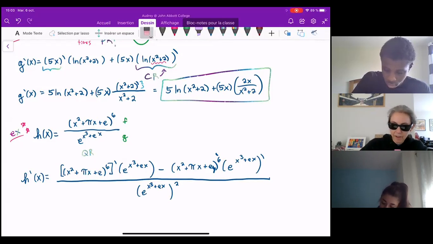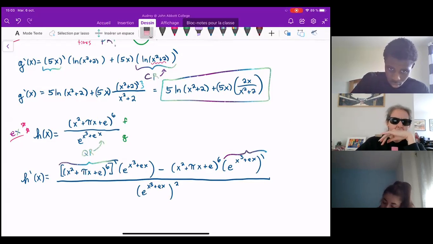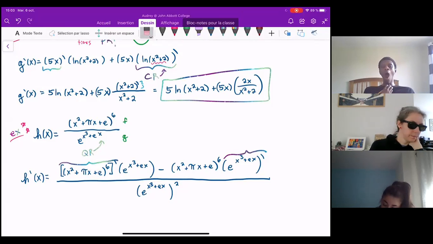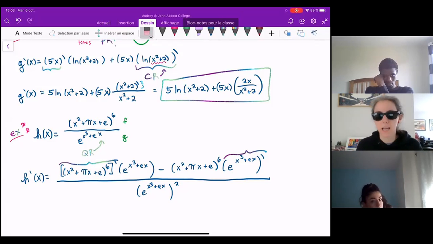So now inside of my quotient rule, I have these two other things being primed. Two other derivatives left that I have to take. Okay, so then for each of those things, I ask myself the same question.